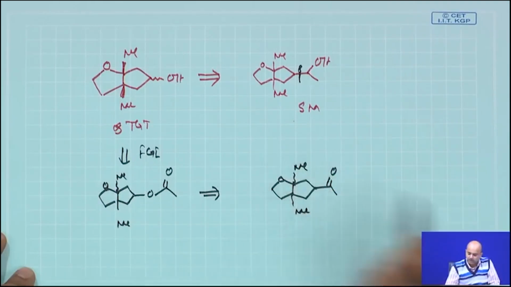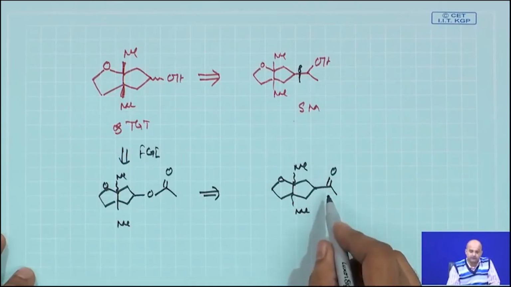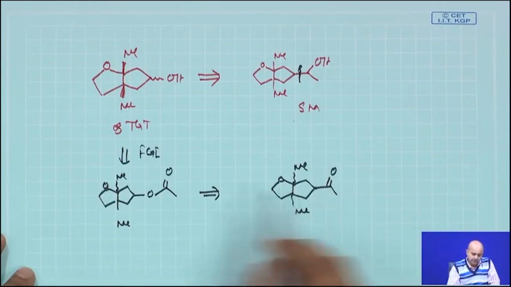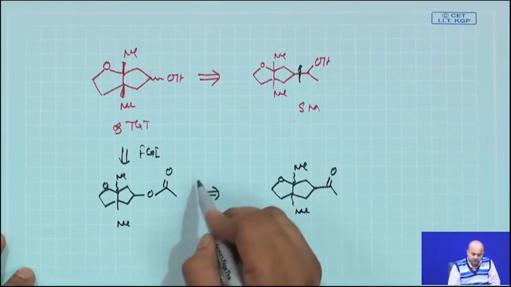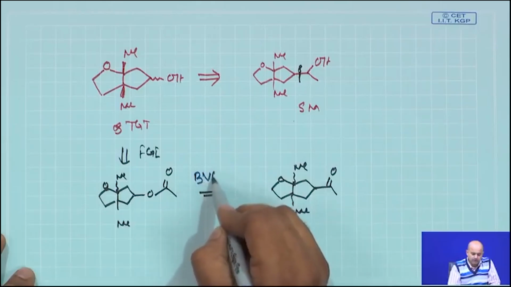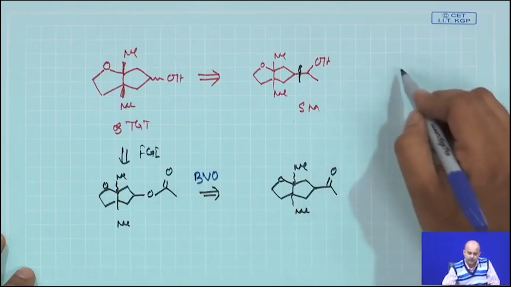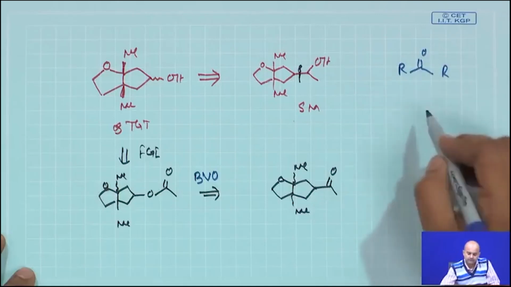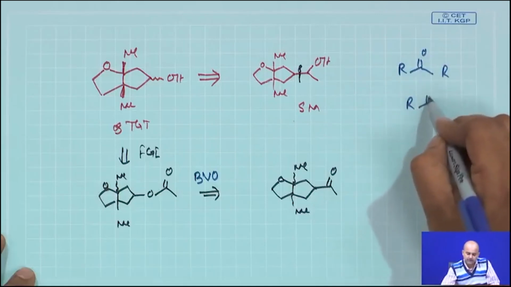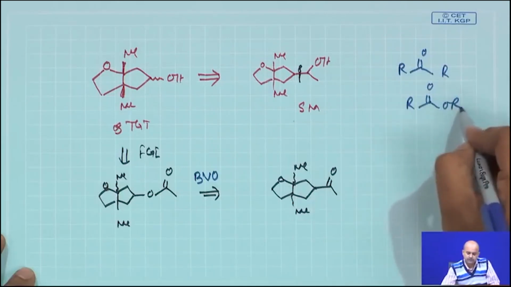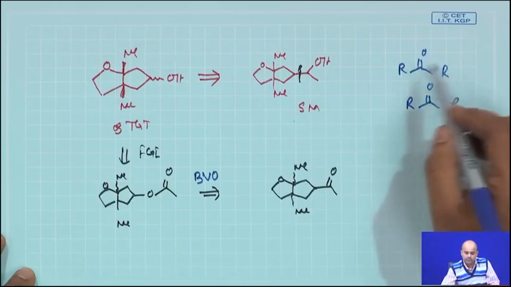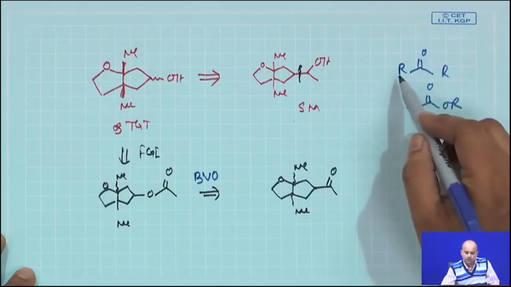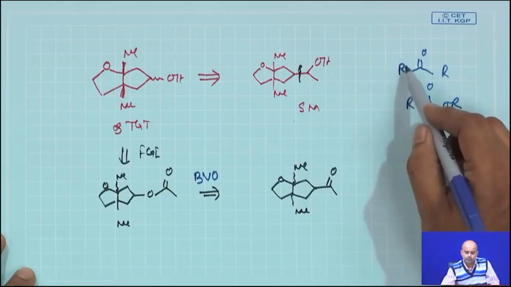Once I write these things, that a ketone can be converted to an acetate, the transformation which will initially come to your mind is a Baeyer-Villiger oxidation. In Baeyer-Villiger oxidation, if you have a ketone, you can basically get the corresponding ester. If you have an unsymmetrical ketone, the migrating tendency depends on the structure of the alkyl group.